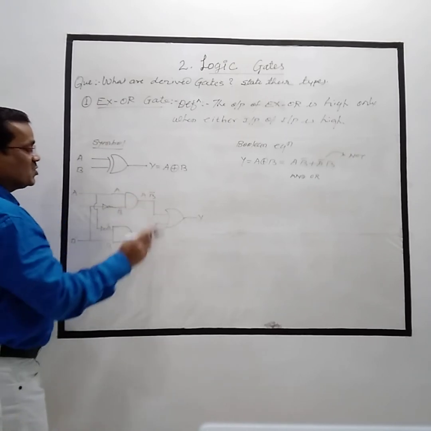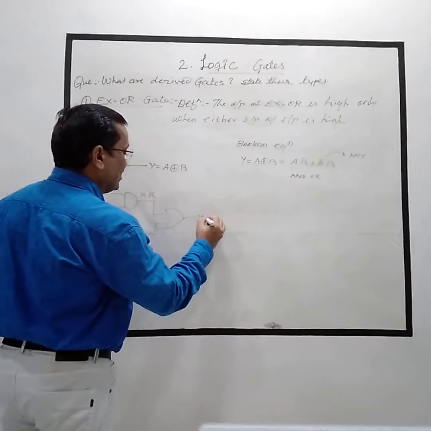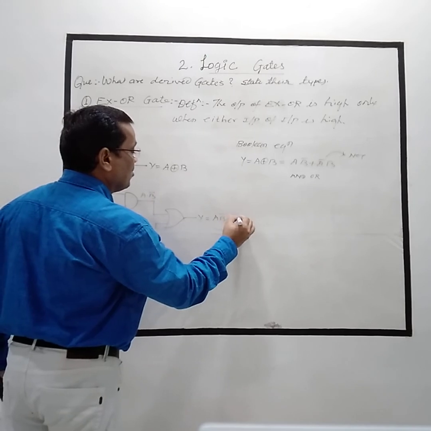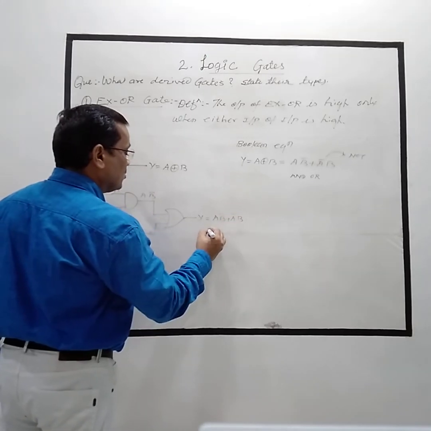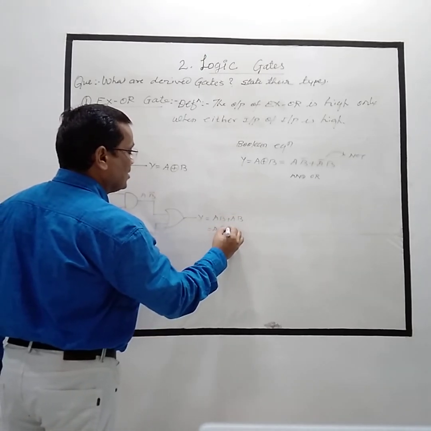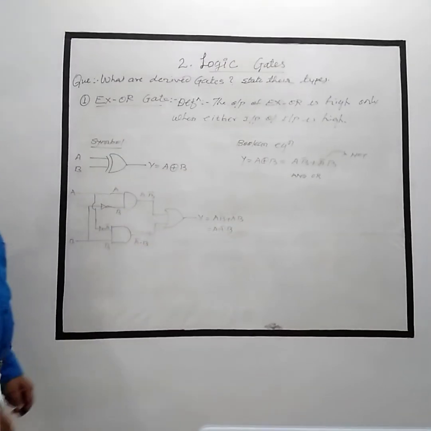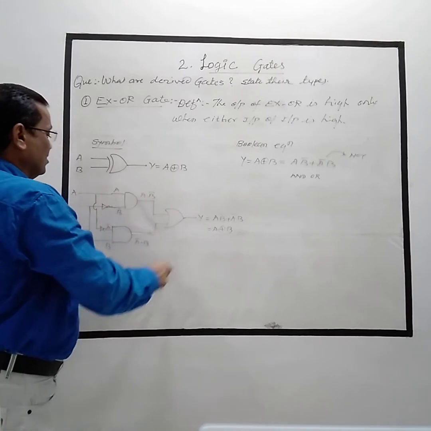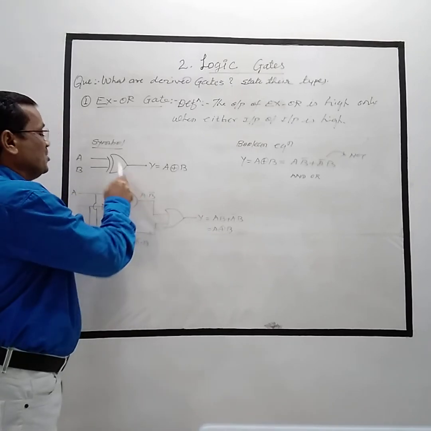Now ORing these two inputs, we get finally A B bar plus A bar B, which is equal to A XOR with B. This is the equation, this is the logical diagram, and this is the symbol we can use.